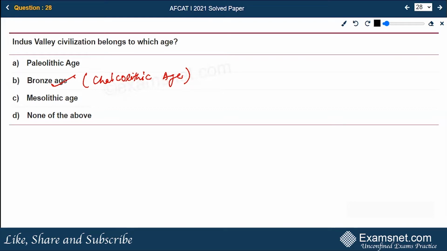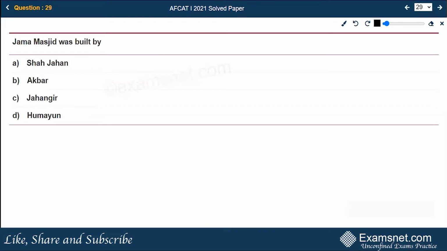Next question, 29. Jama Masjid was built by Shah Jahan, Akbar, Jahangir, or Humayun? See, Jama Masjid was built by Shah Jahan in Delhi. It was built by option A, Shah Jahan in Delhi from 1644 to 1656.